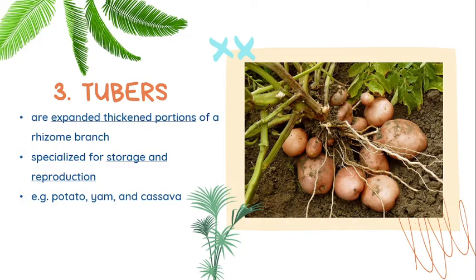Next, we have tubers. The tubers are expanded, thickened portions of a rhizome branch, but they're not the same. Take note, because tubers are specialized for storage. That's why they are thicker. Examples include potato. This is my favorite. I like the tubers.